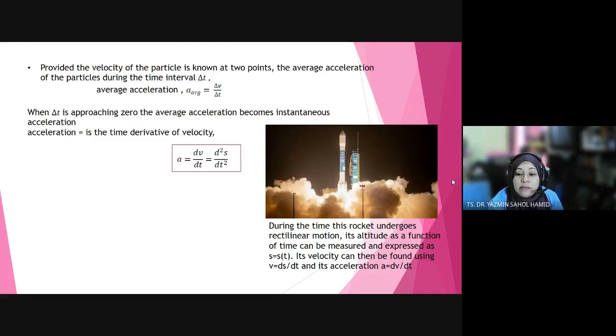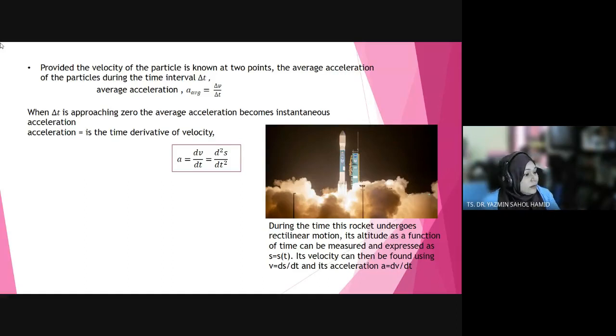Its velocity can be found using the basic kinematic formula, v equals ds over dt, and acceleration a equals dv over dt. So maybe you can also work at NASA, because you know how to calculate velocity and acceleration. Sometimes during interviews, these are the kind of questions they ask to see your common sense and understanding. So I hope you learn dynamics from the heart.